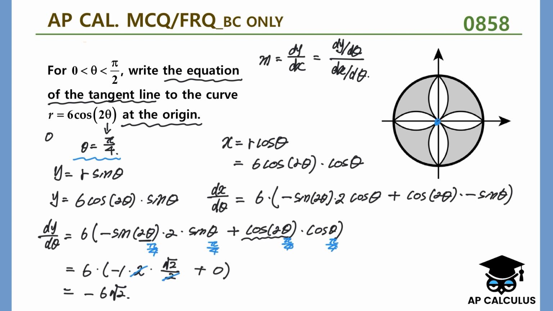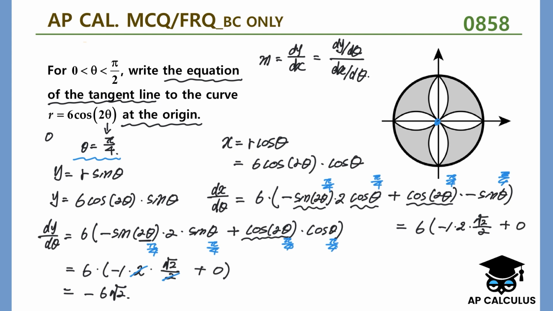Now substitute pi over 4 for theta. Okay, so that is equal to 6 times, here sine pi over 2, that's negative 1, 2 cosine pi over 4, that's root 2 over 2, plus here cosine pi over 2, right? 2 times pi over 4, that's 0.